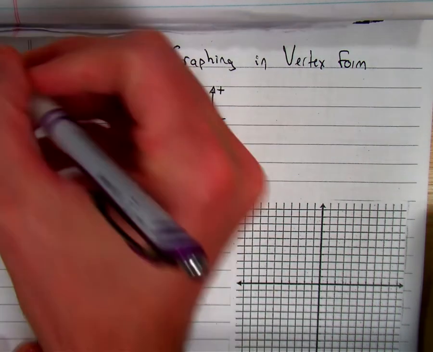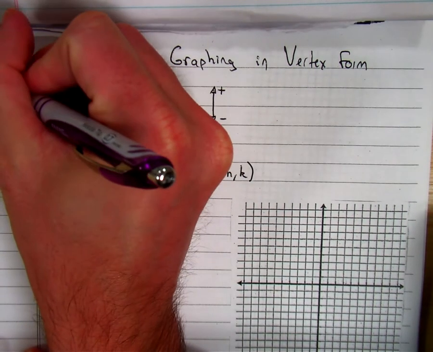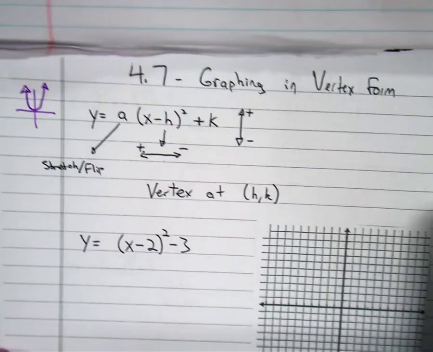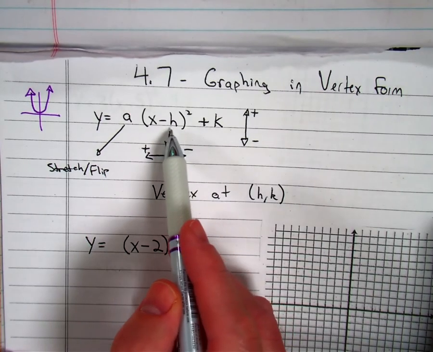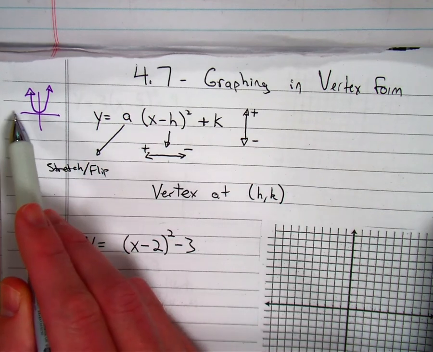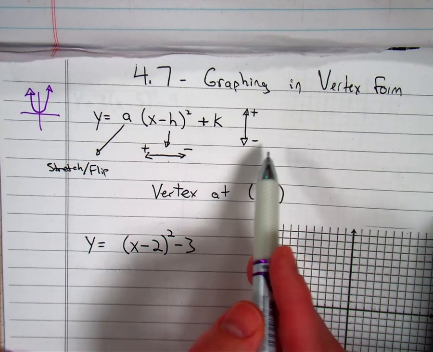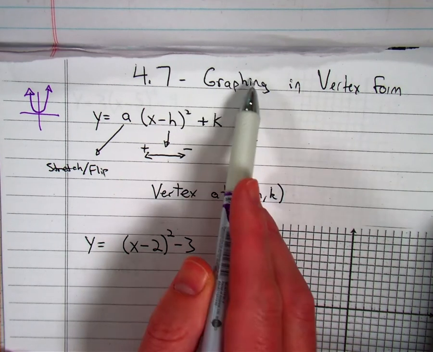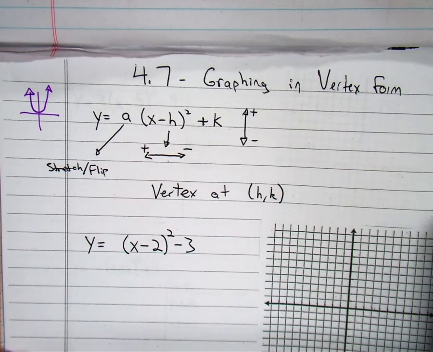We want to think about this as shifting your normal y equals x squared graph. So if it's got a minus, it's going to slide to the right. And if it's got a plus, it's going to slide this graph to the left. A plus on the outside does what you think it should. It's going to move it up vertically, and a minus on the outside moves it down vertically.